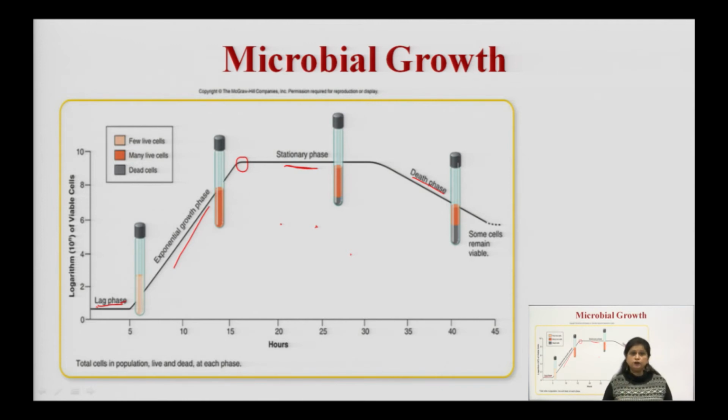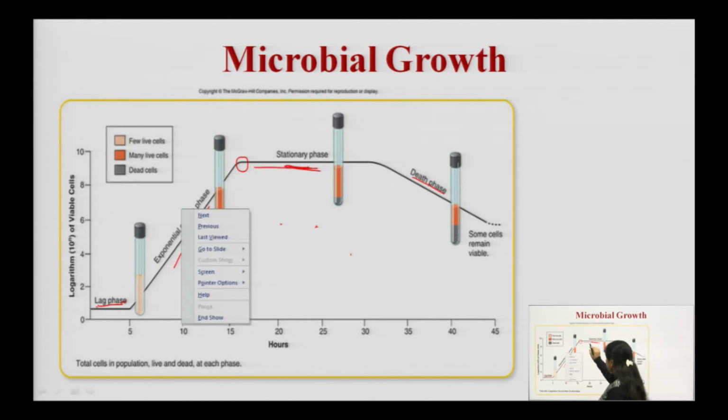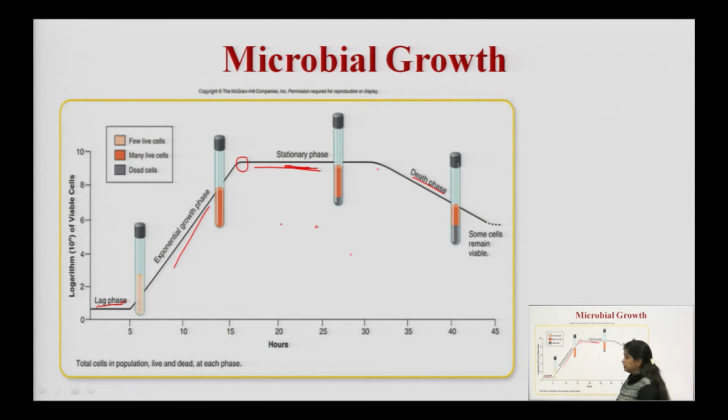As the time moves, nutrients will deplete, and we have an equal number of deaths to the equal number of growth. Whatever growth is taking place, an equal number of microorganisms, an equal number of bacteria, are dying. So here we have stationary phase. There is no increase, but the growth remains stationary. If here there are 30 bacteria, they will remain 30 up to this point. No growth overall, equal growth, equal death.